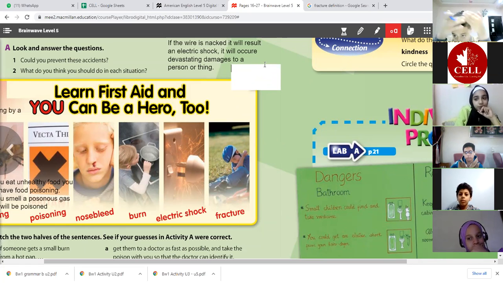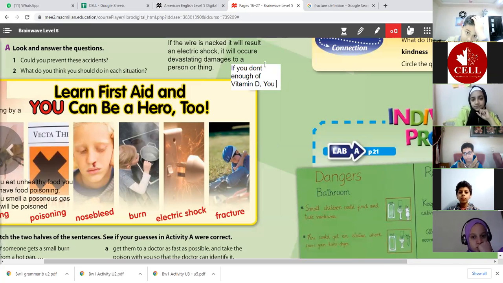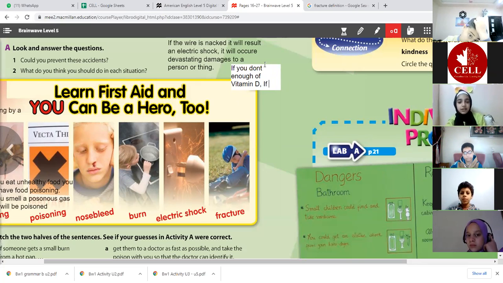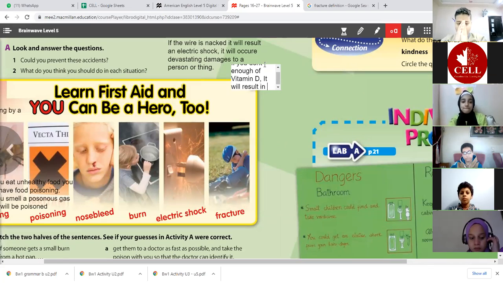If you don't get enough vitamin D, you will have, it will result, it will result in low bone density. Density means low bone density.